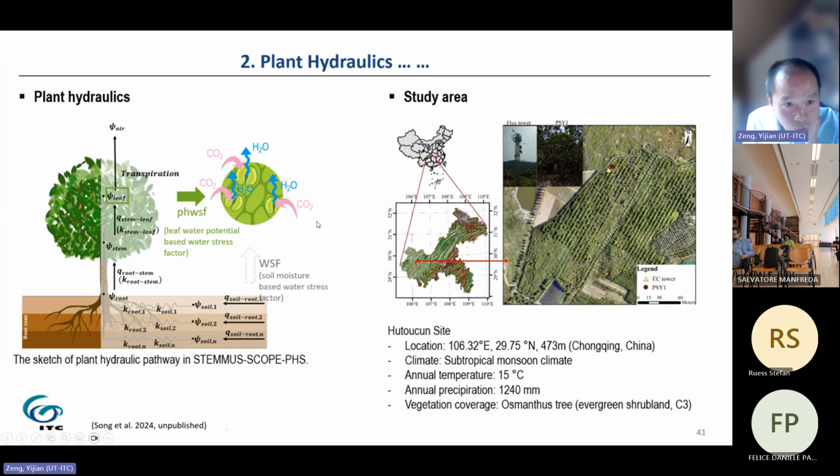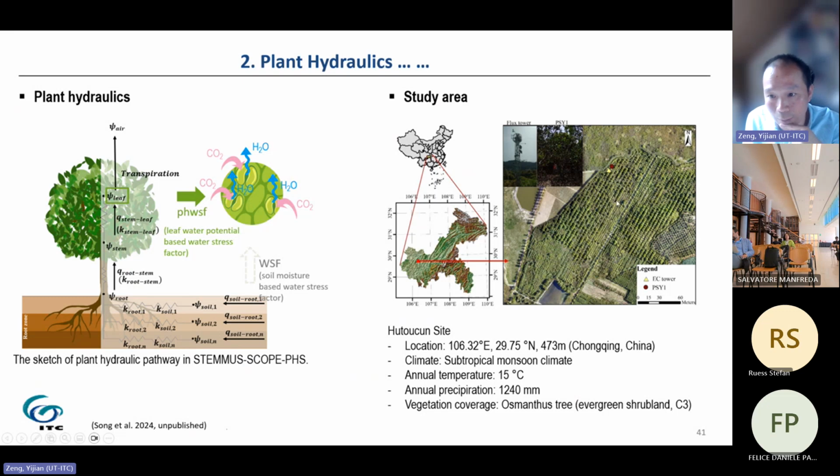So we also did that in our model. The idea is actually very straightforward. It's just applying Darcy's law to the soil plant system. So as long as you know the water potential gradient and you know the hydraulic conductivity between soil and the plant, within the stem, and the leaf, then you can calculate the water fluxes within the soil plant system.